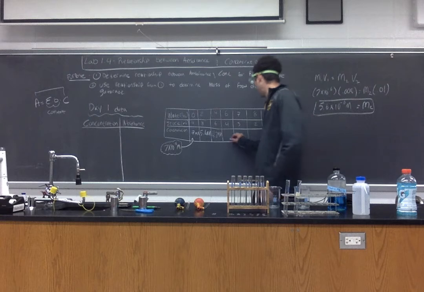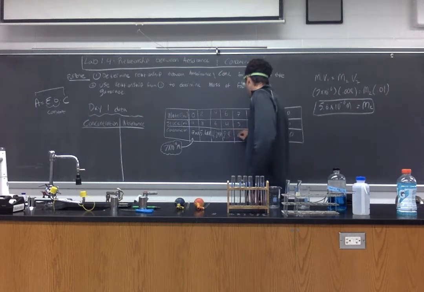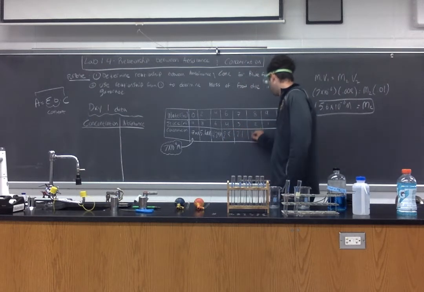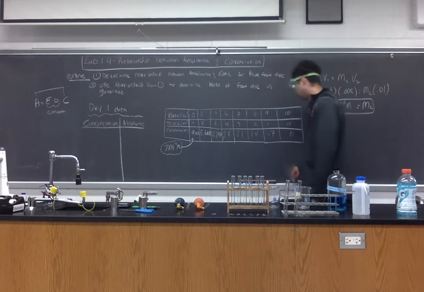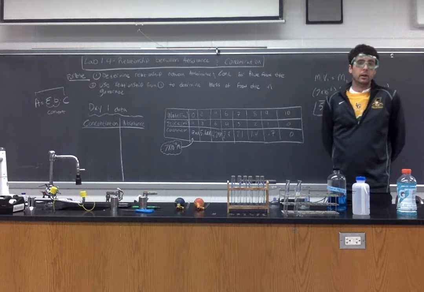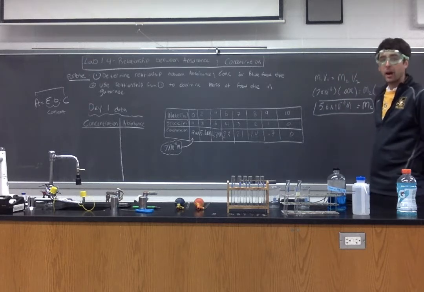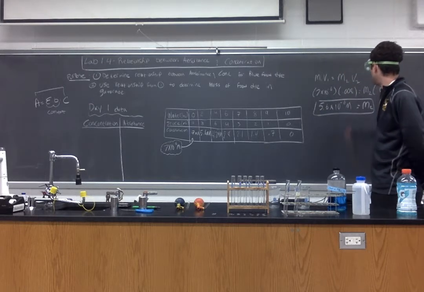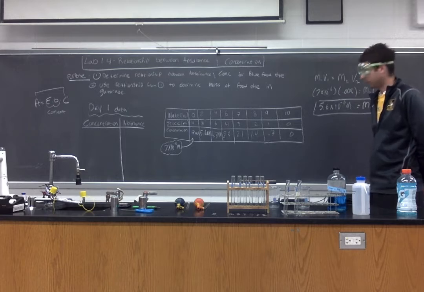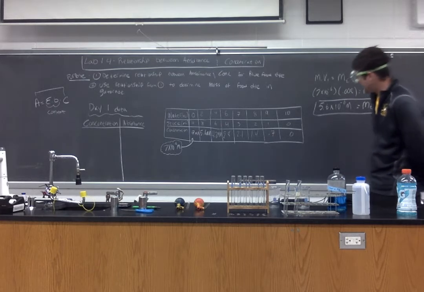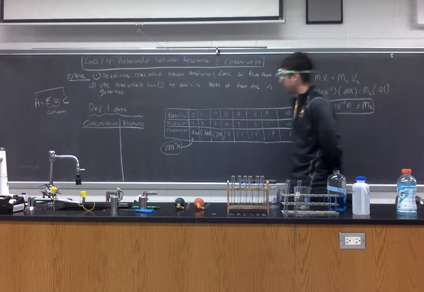Moving down the line, we have 2.8 micromolar, 2.1 micromolar, 1.4 micromolar, and 0.7 micromolar. I was able to determine all of those concentrations by simply using the same dilution equation. So at this point, we are ready to get a jump start on our lab.